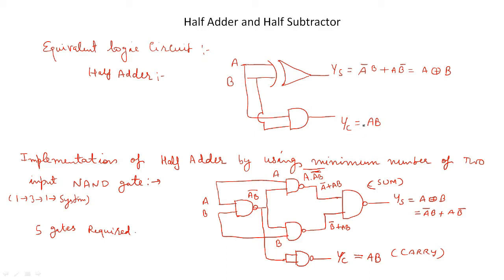The AND gate is represented by the carry output, and the sum output is equal to A exclusive-OR B. Now this is very important: how we can implement the half adder using the minimum number of 2-input NAND gates. This is basically a 1-3-1 system for your remembrance.